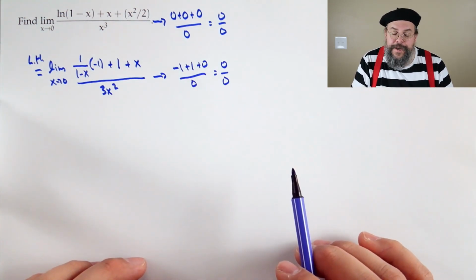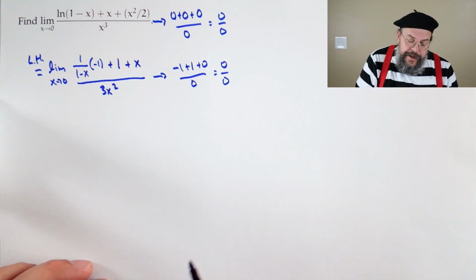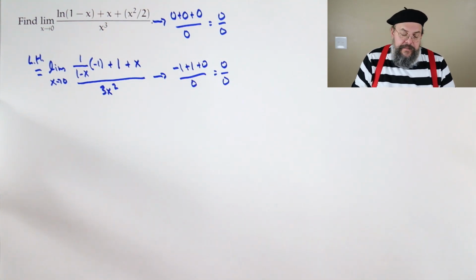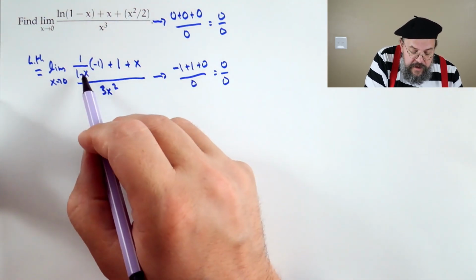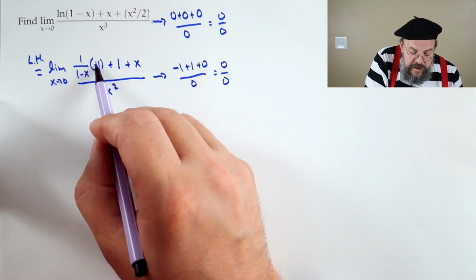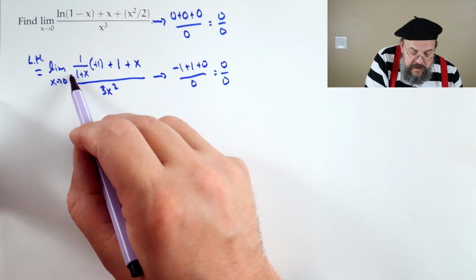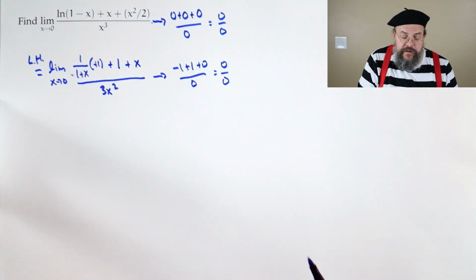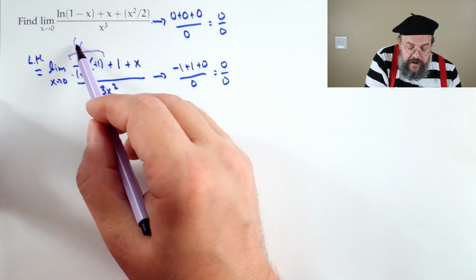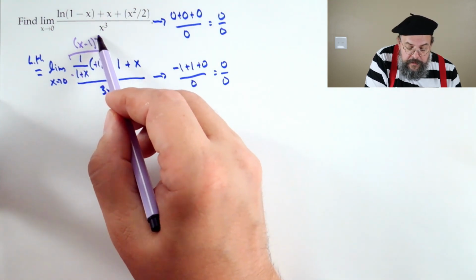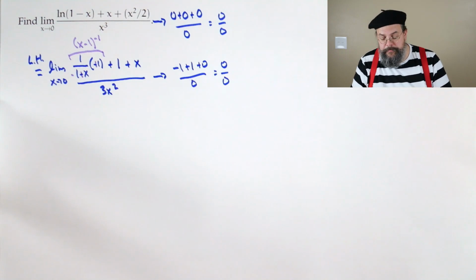We're going to try L'Hopital again. Before we do, let's clean this up a little bit. You see this minus? We can take this minus and move it downstairs. So we can think of this as minus 1 plus x downstairs, or really as x minus 1 to the minus 1 power.